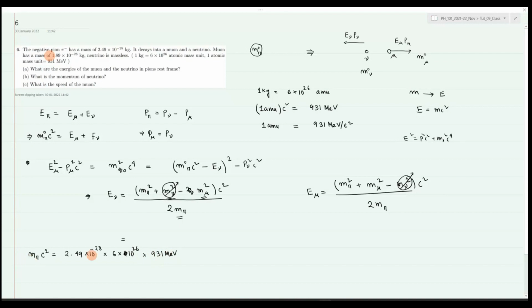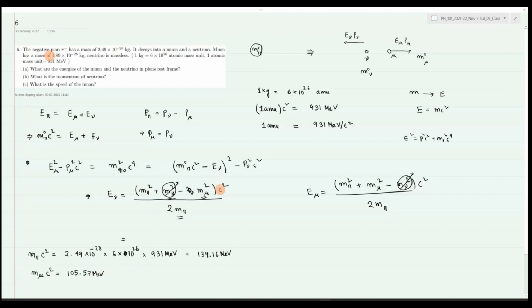M pi c square is this much, which if you find, will come out to be equal to 139.16 MeV. Similarly, if you do for muons, M mu c square will come out to be equal to 105.57 MeV.